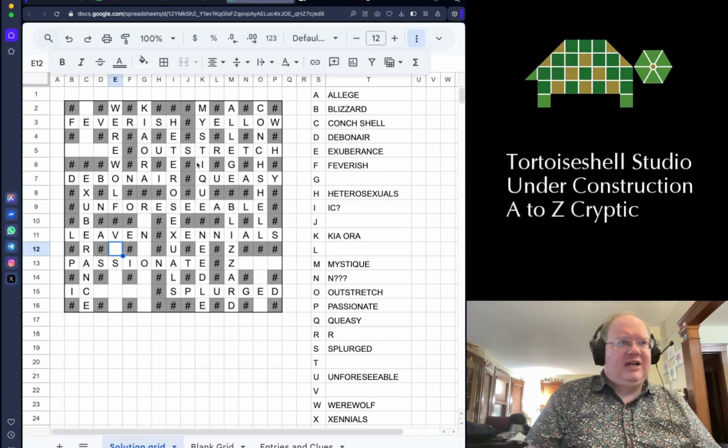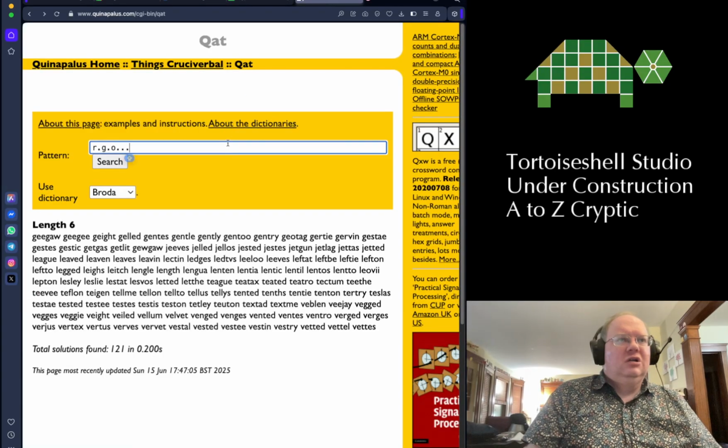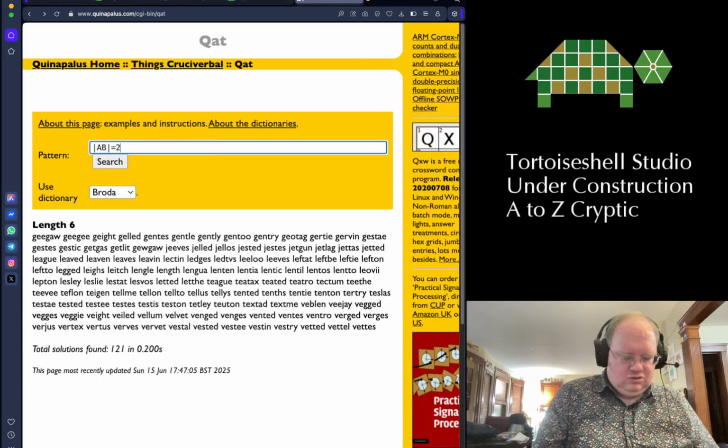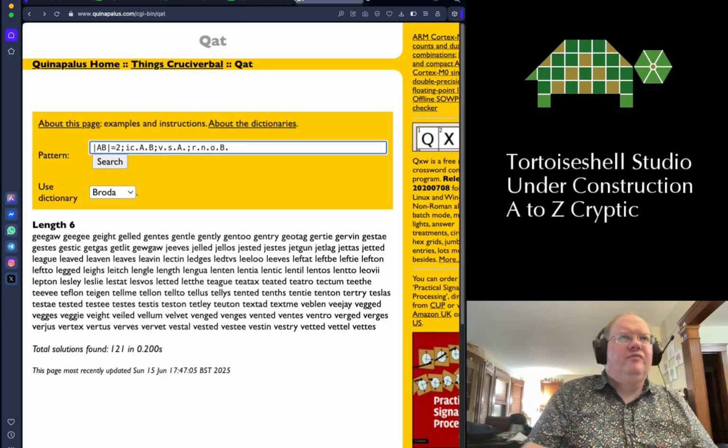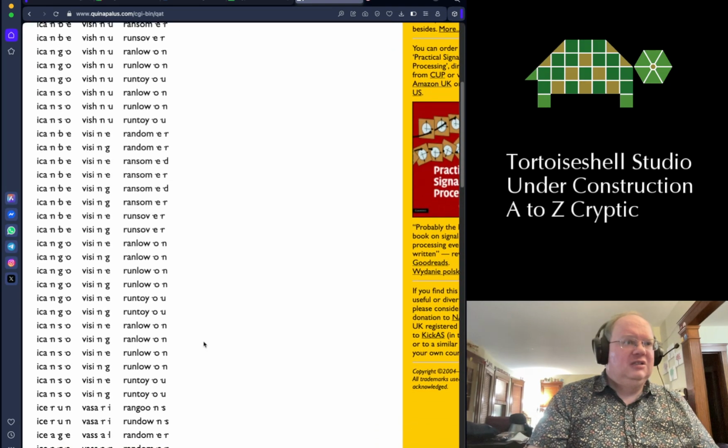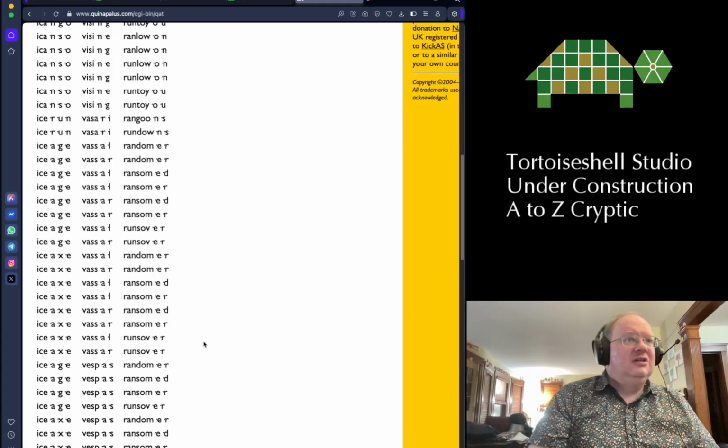All right. Actually, we have two. All right. AB equals 2. IC dot A dot B. V dot S dot A dot R dot N dot O dot B dot. Right? Ice Age and ransomed.